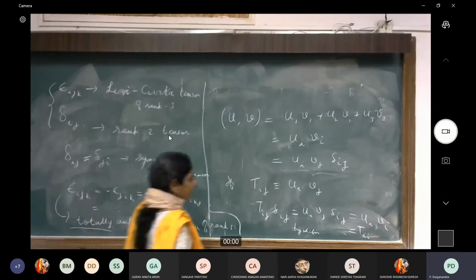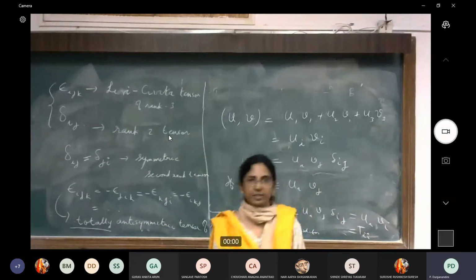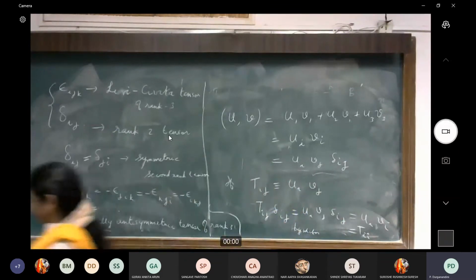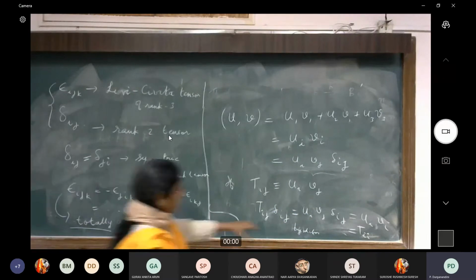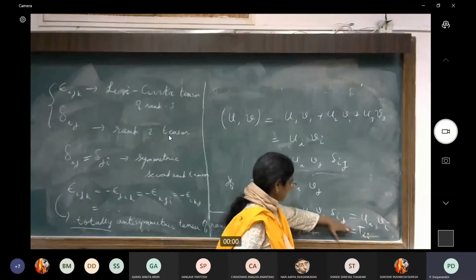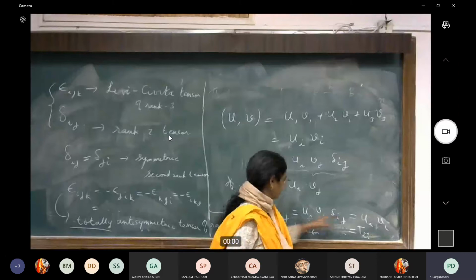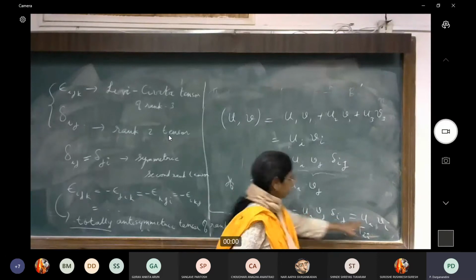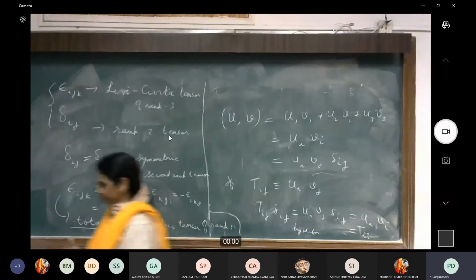So the delta ij can be used to contract two indices or two subscripts, because wherever the delta ij comes, one of the subscripts can be replaced by the other. In this expression, if I have delta ij here, either I could have replaced j with i, or I could have replaced i with j. But it doesn't matter, u_i v_i is the same as u_j v_j, because that is again a dummy index.